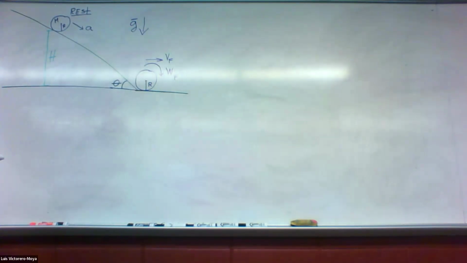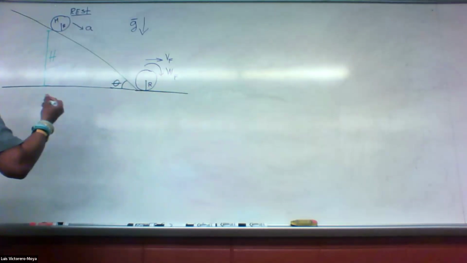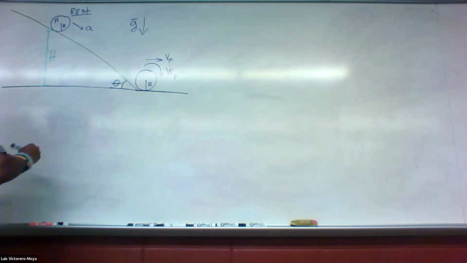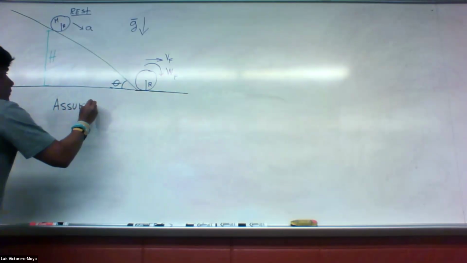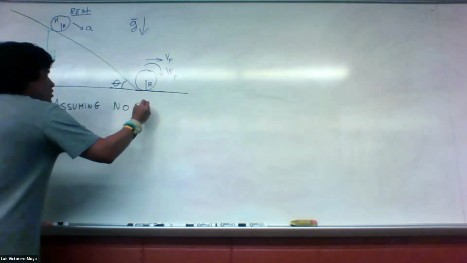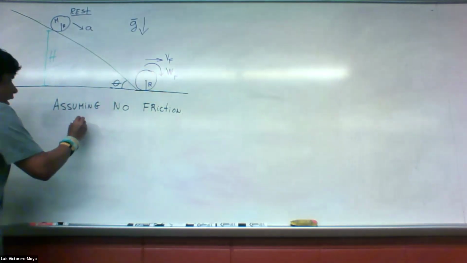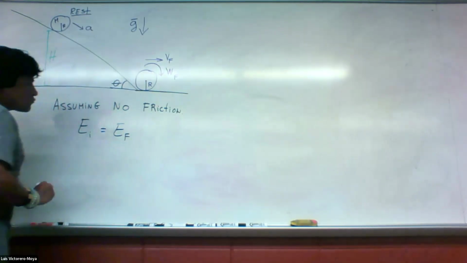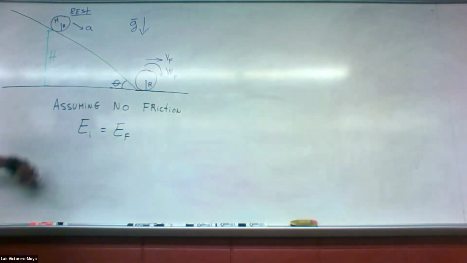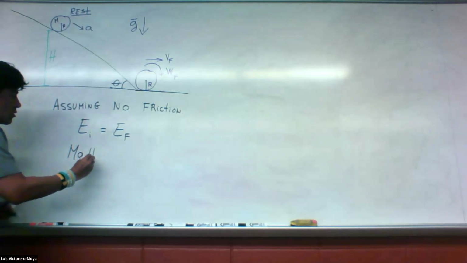So let's assume that there is no friction. Assuming no friction, the initial energy is equal to the final energy. It's at rest, so the only energy at the beginning is mgh, potential energy.